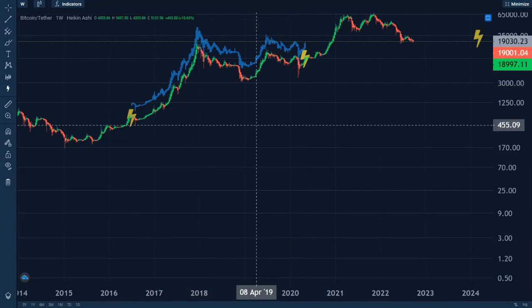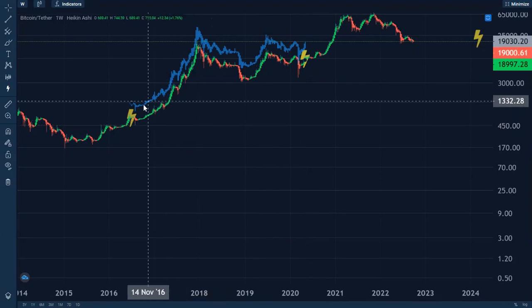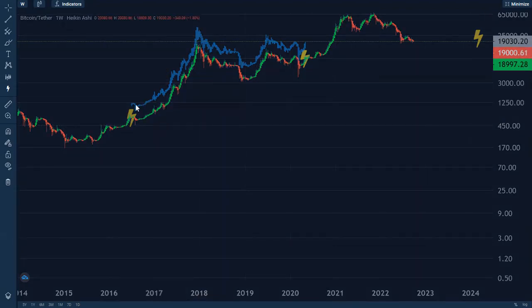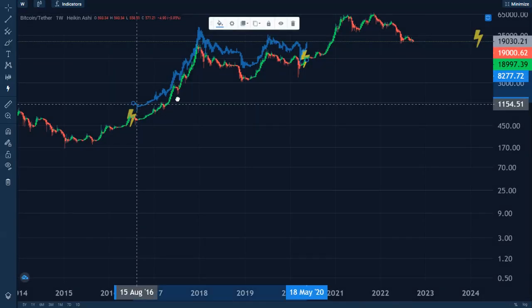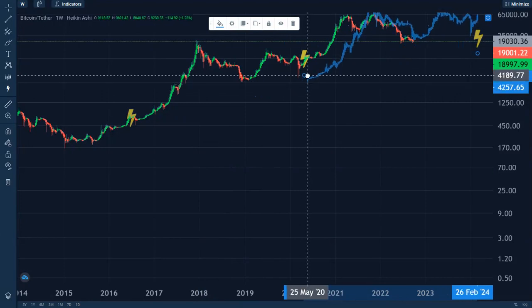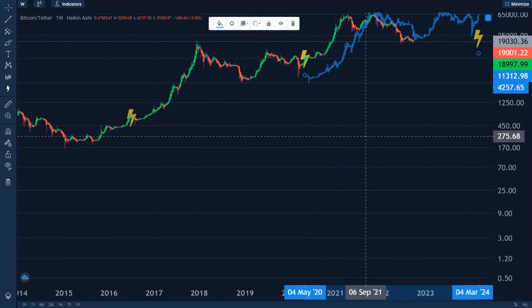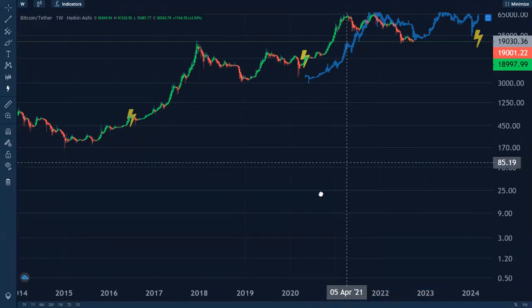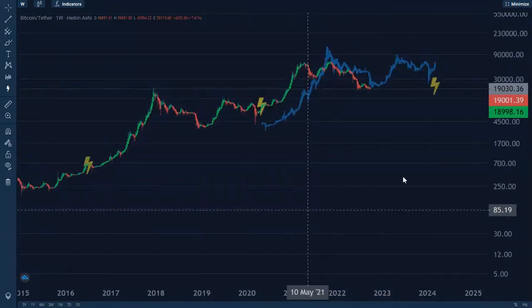All right, I'm just going to slide this over now. Now I want to line this up as close as possible so that we are in fact lining up the data points correctly.